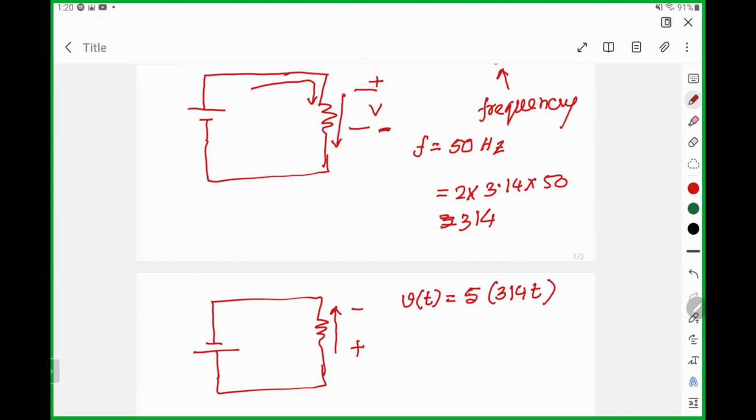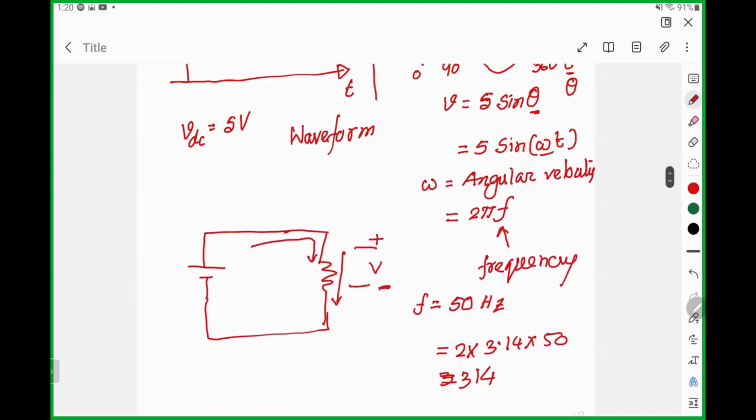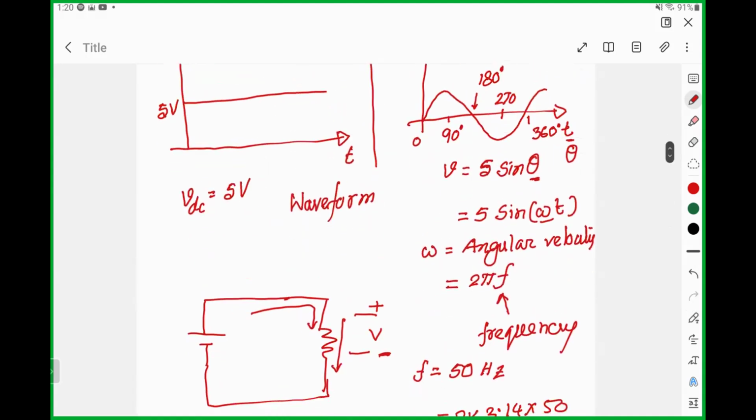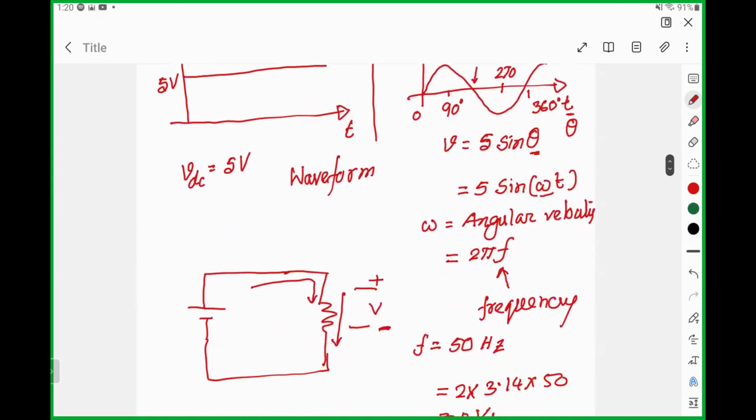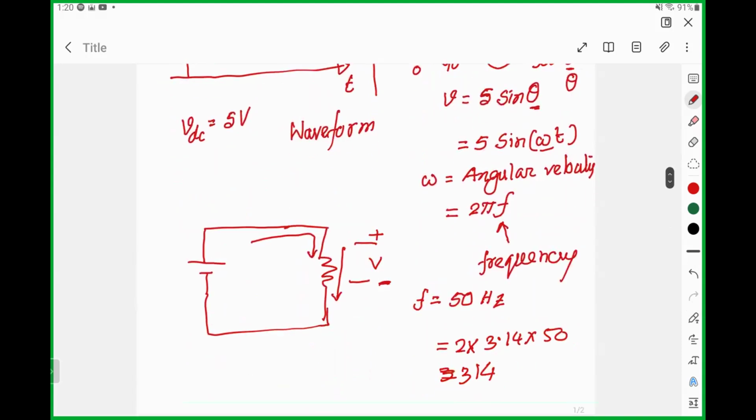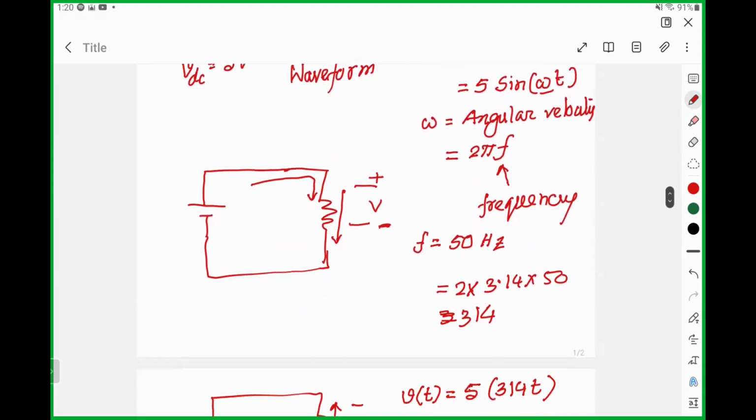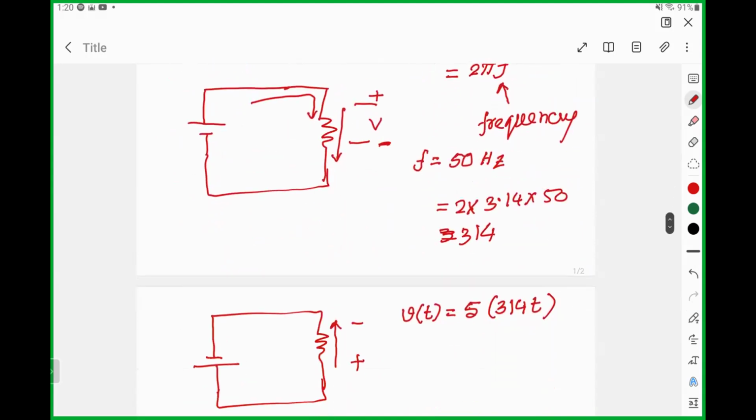Is that correct? So that means for DC, whenever I am considering DC from a source, the polarity will remain the same. As long as you are not changing this connection, you don't change the polarity here, your current will flow in the same direction.